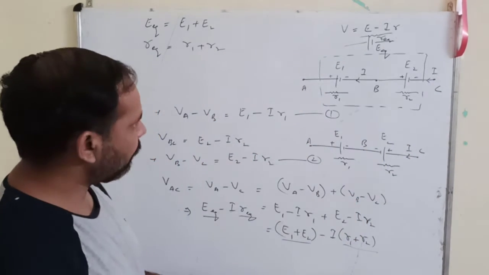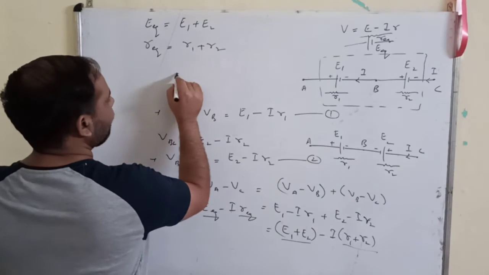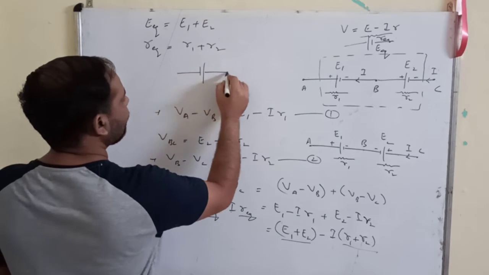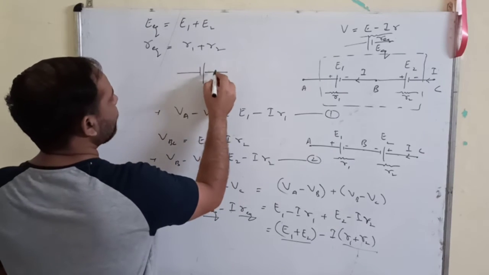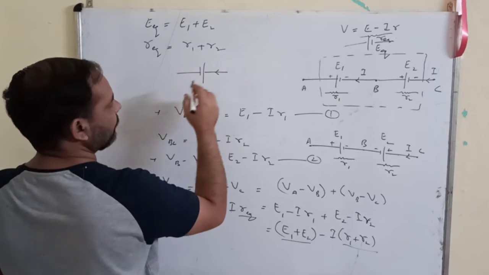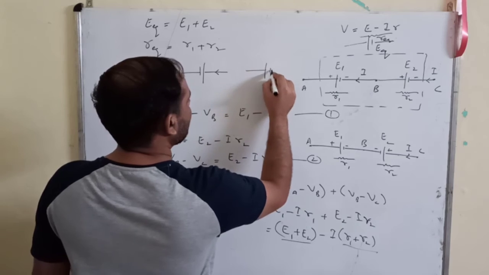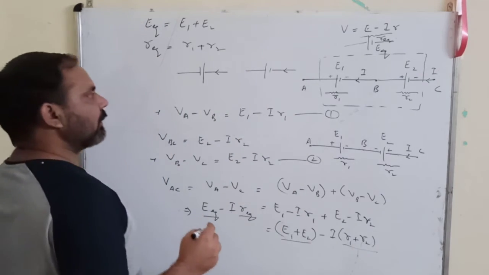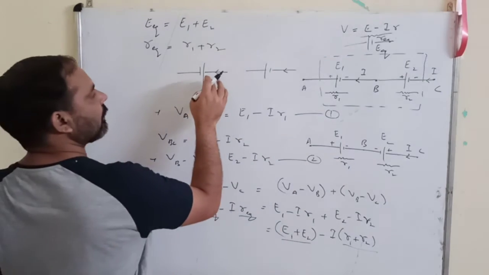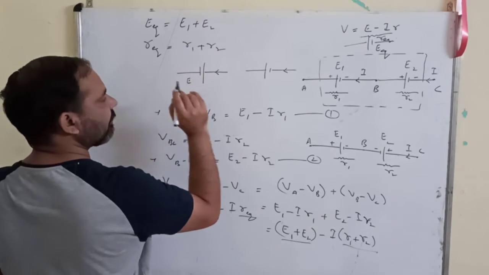Now one thing I want you to remember: suppose you have a battery like this, and the current is coming this way, and E is the EMF of the cell.